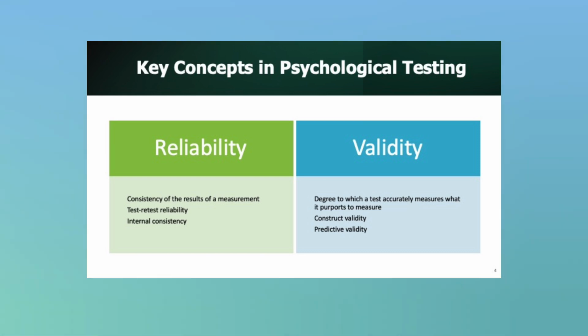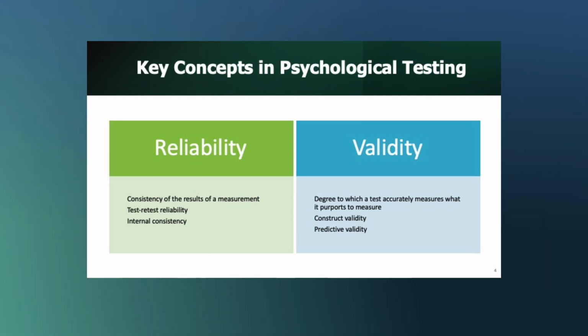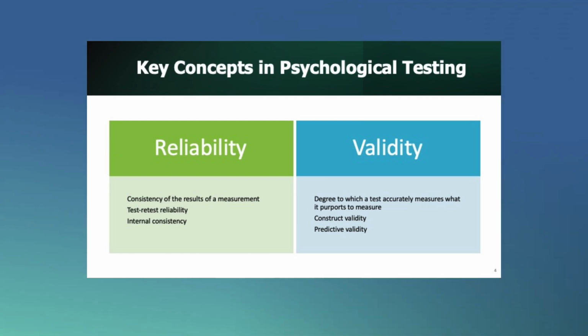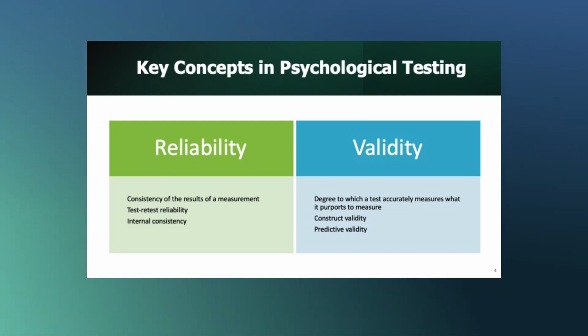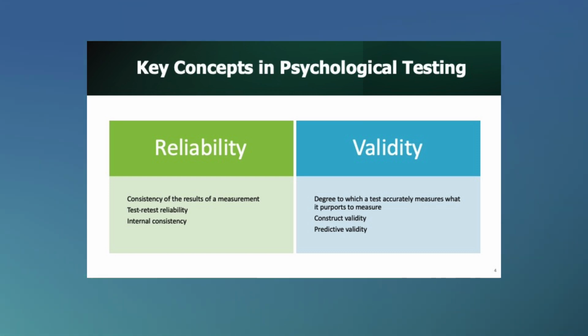Does it have predictive validity? Is it a measure that predicts an outcome for another measure? So in this case, is this measure of the hypothetical construct of intelligence able to predict an outcome on another measure, or for another situation?